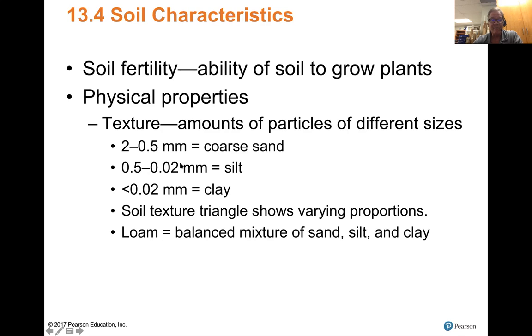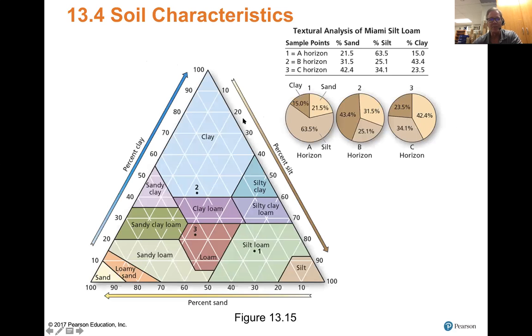Silt is a little finer, and then clay is finer than that even. So it's coarse sand, silt, and clay: bigger particles, medium, smaller. And the soil texture triangle, which I think is on the next slide, will show you this in various proportions. And then what we call the loam, that's where you have a balanced mixture, where everything's in equilibrium. So there's your soil triangle.